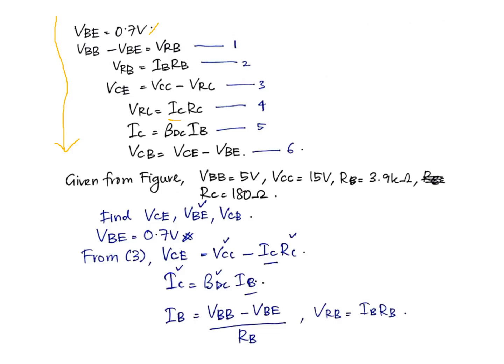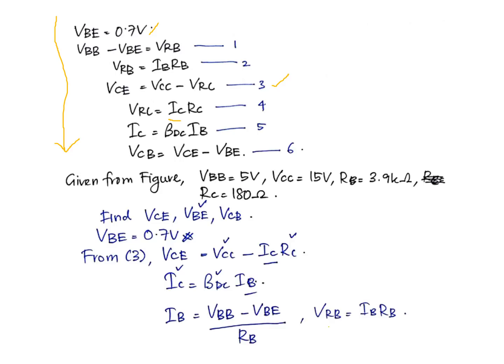From equation 3, VCE equal to VCC minus ICRC. IC equal to beta DC times IB, and from equation 1, IB equal to VBB minus VBE over RB.